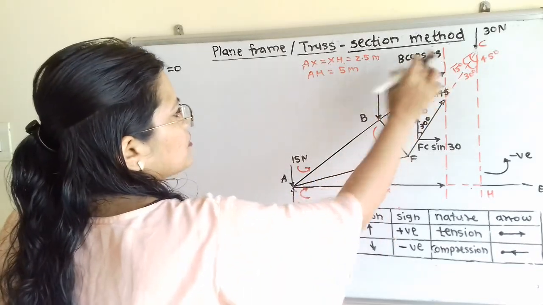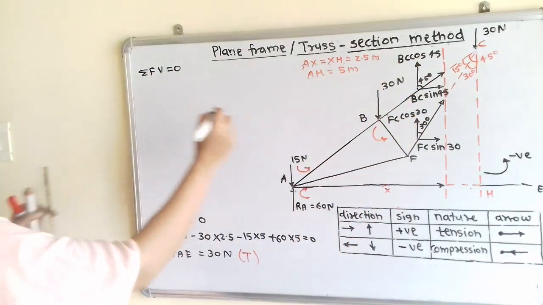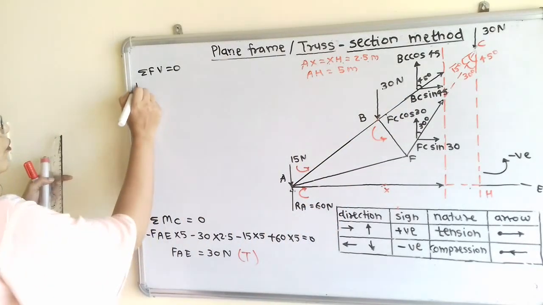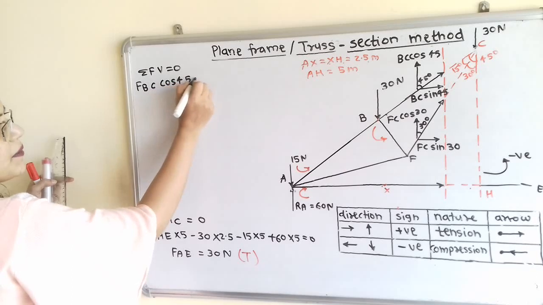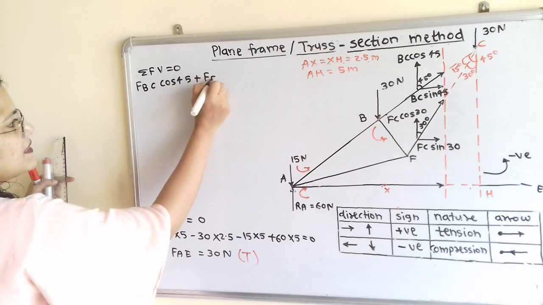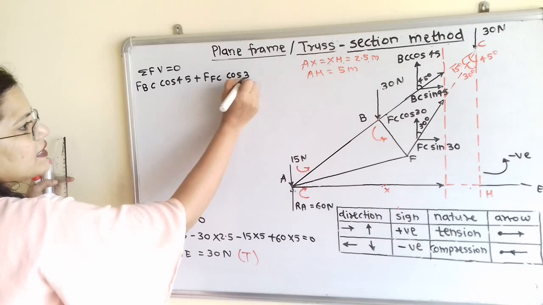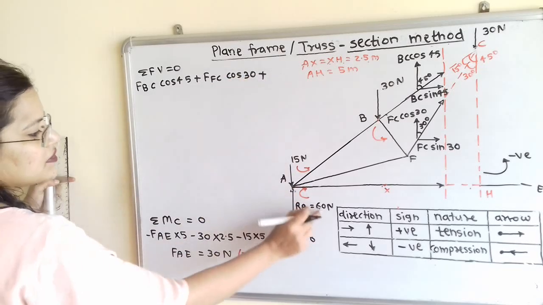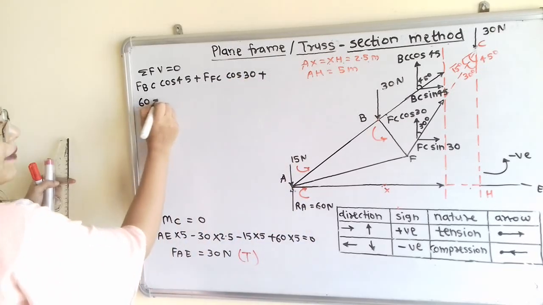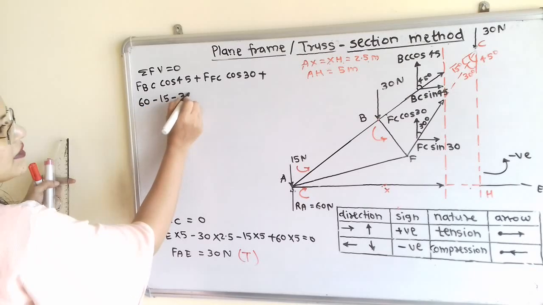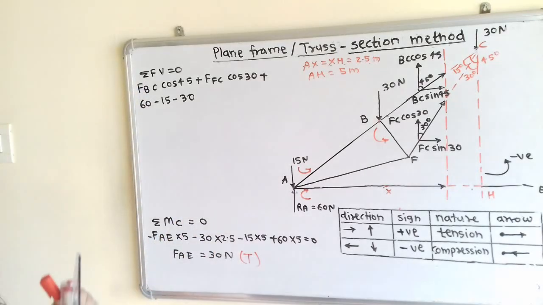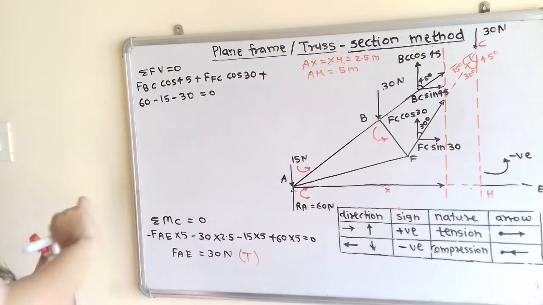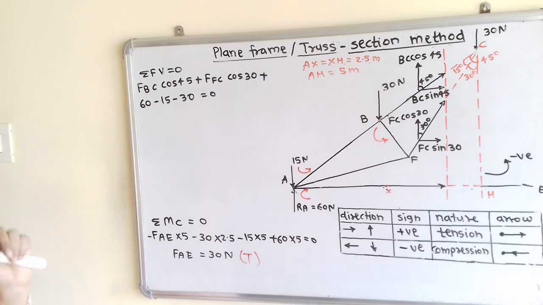So I will use here FBC: force in BC, that is FBC cos of 45 plus FFC cos of 30 plus the 60 minus 15 minus 30. Now if we observe, all these vertical forces are covered, is equal to 0. Then we will move to the next, because here two unknown forces are there.